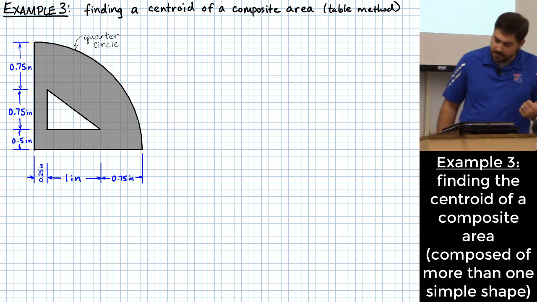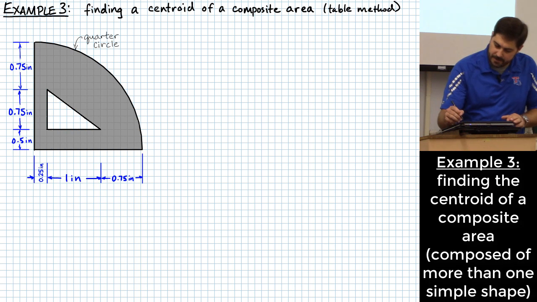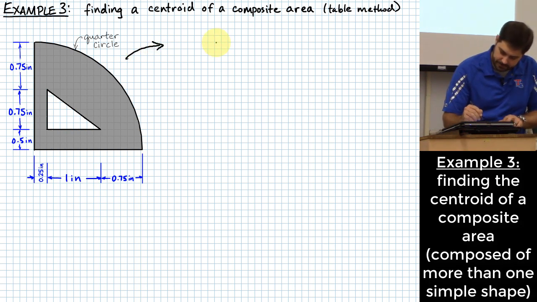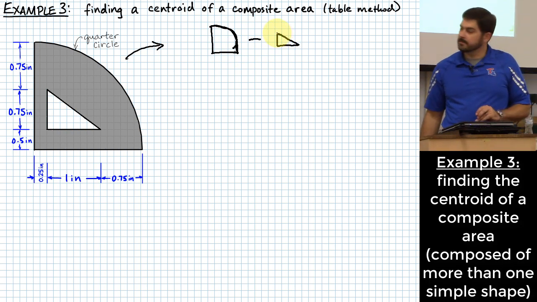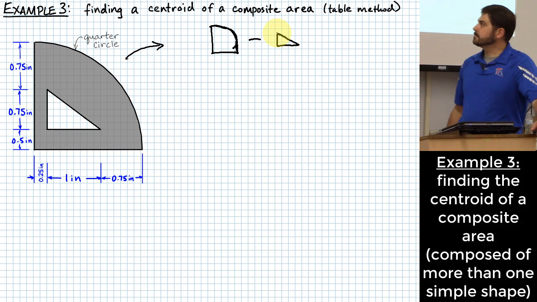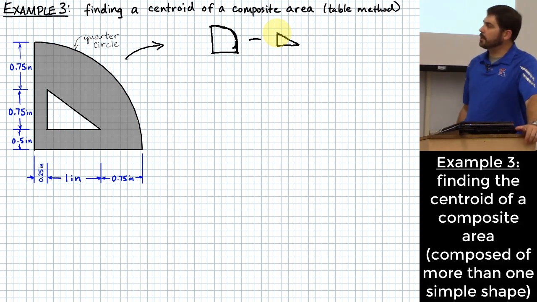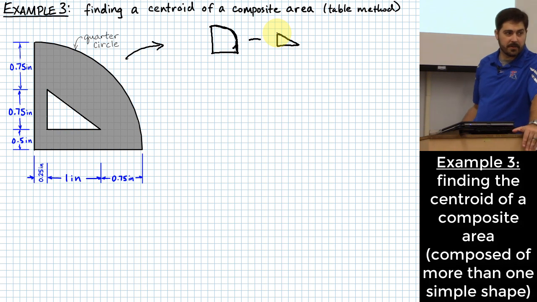Okay? This shape can be thought of as being a quarter circle, something like this, minus a triangle. Okay? We can literally sort of add and subtract little areas like this and figure out an overall centroid.